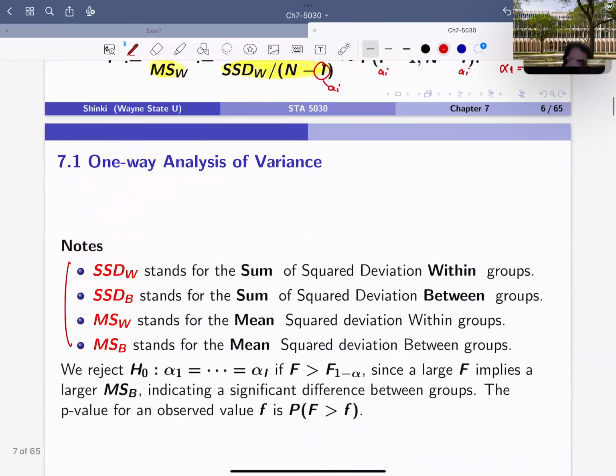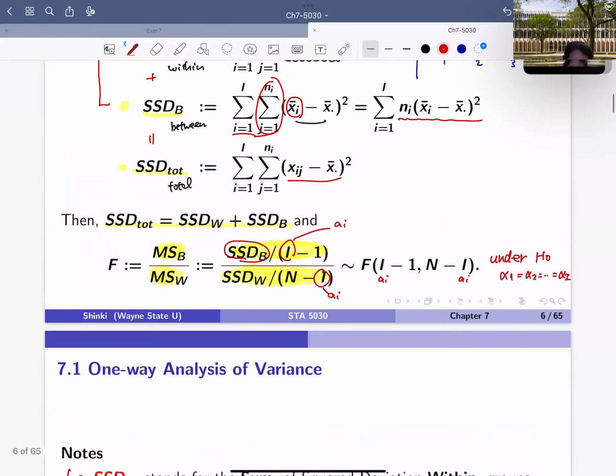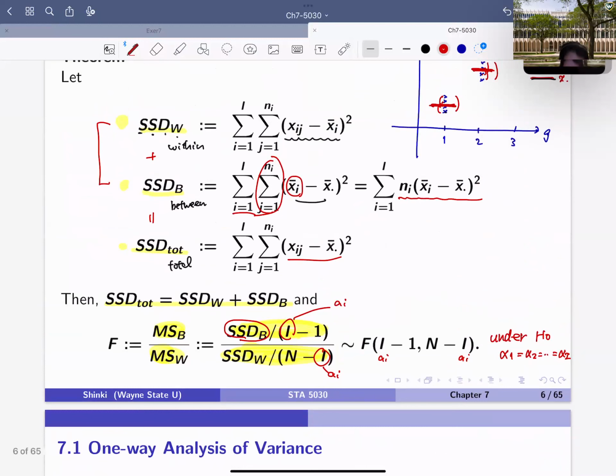So, the F statistic. Okay, how to test is the next objective, and this F is basically the ratio of SSDB over SSDW.